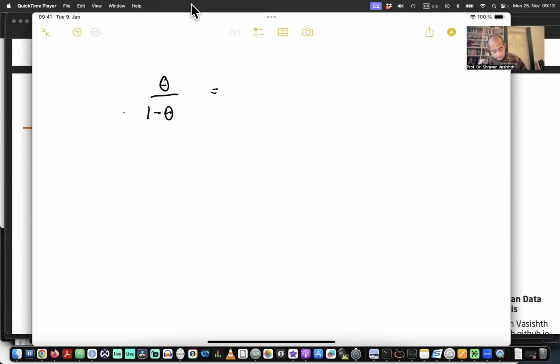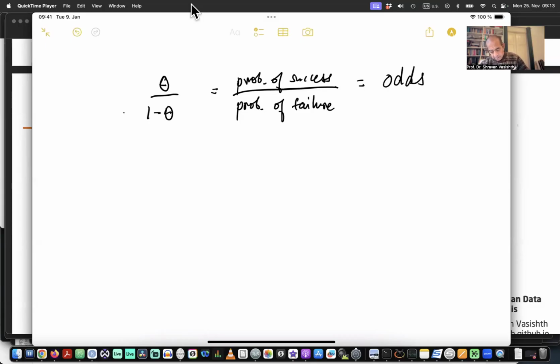So this is the probability of success divided by the probability of failure, and this ratio is called odds. In day-to-day language, we often use odds synonymously with probability.